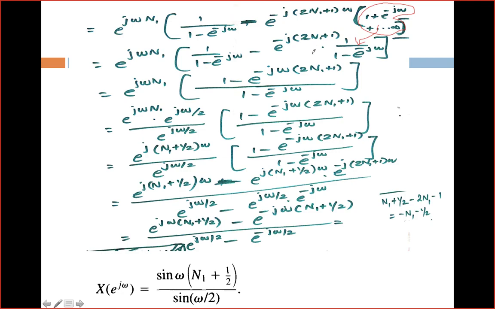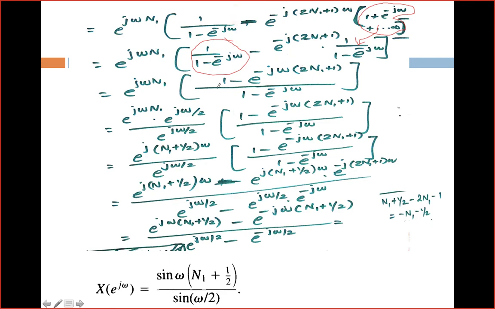Now the complex problem is reduced to a simple problem. The first series I reduce into 1 by 1 minus e power minus j omega. The second also is an infinite series, which I reduce into 1 divided by 1 minus e power j omega. Now we have to cross multiply and find the solution.